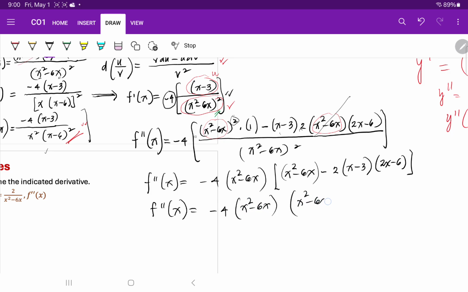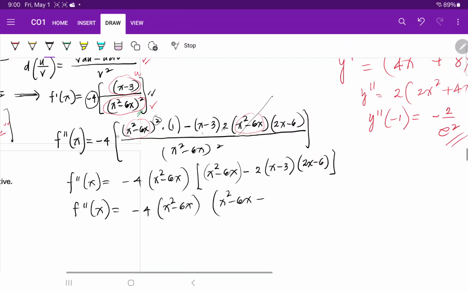x squared minus 6x. Now, we multiply this 2 here. And times 2. So, we have 2x squared. Then, here we have minus 6x minus 6x.